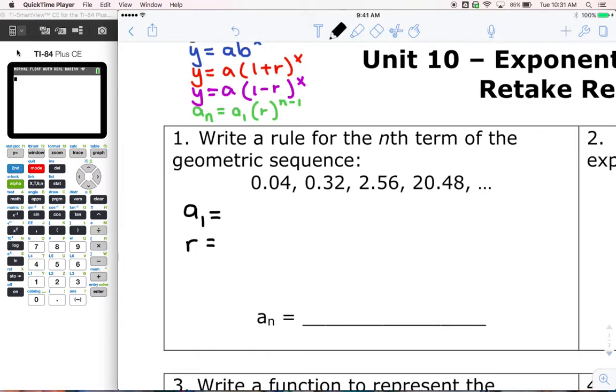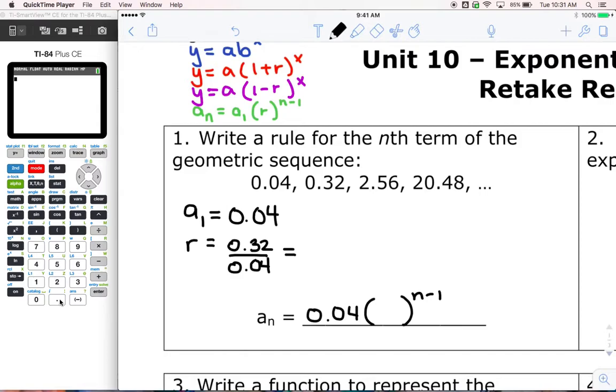Well, a sub 1 literally means the first term, 0.04, so that number is going right in the front. And then we have to figure out what r is, and we're going to keep the exponent n minus 1. Now, r means what are we multiplying by to get from one term to the next term? A real easy way to determine this is to divide whatever term you choose, I'm choosing this term, by the previous term, 0.04, and this will give me r.